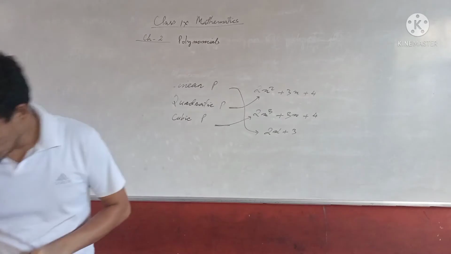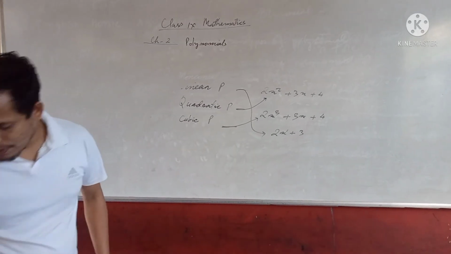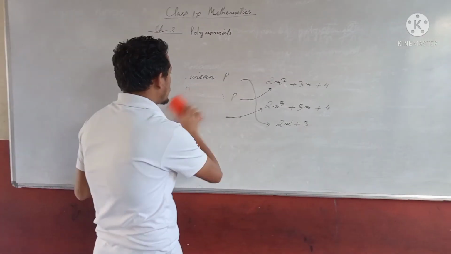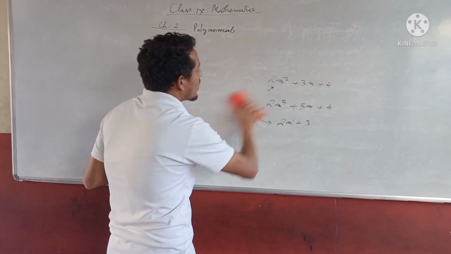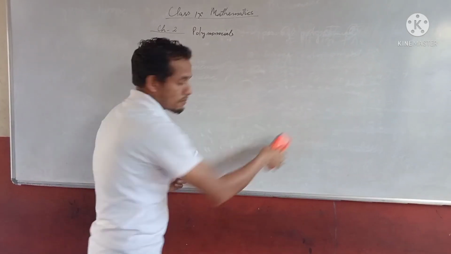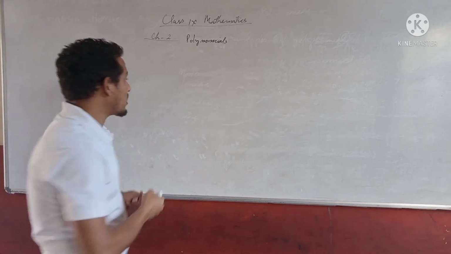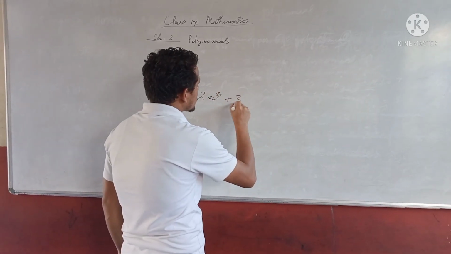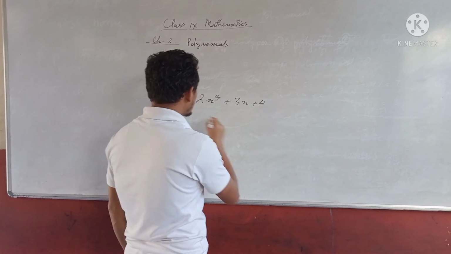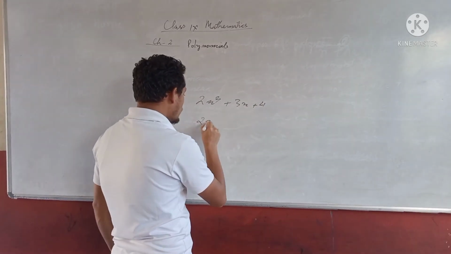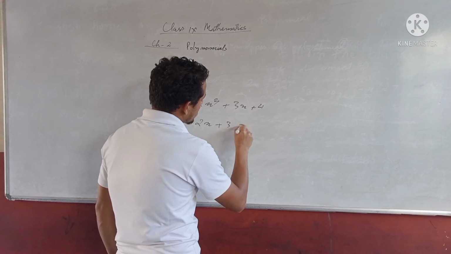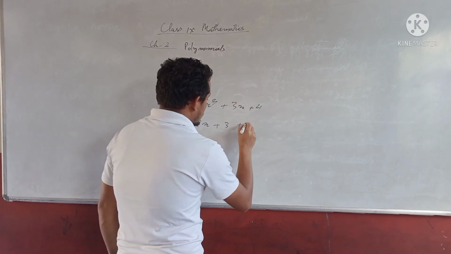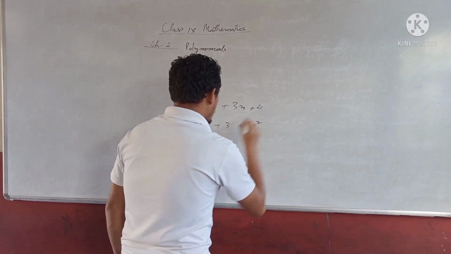After this, next we are going to study the degree of the polynomial. Degree of the polynomial means it can be any power. For example 2x cube plus 3x plus 4. This is one example. Another is 2x plus 3 plus 5x square.